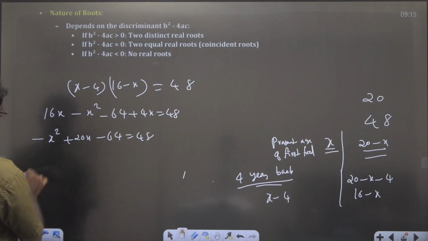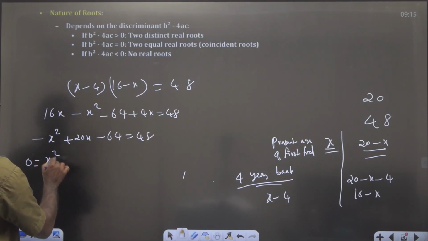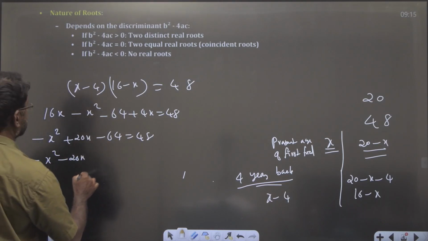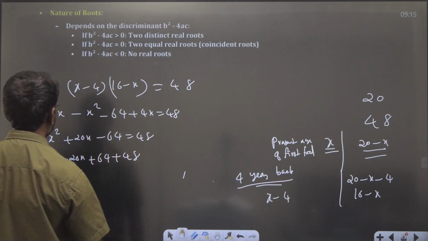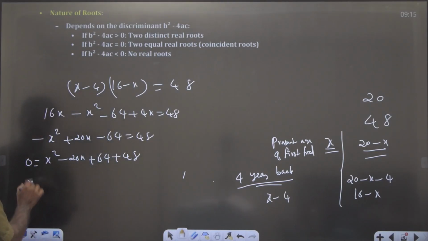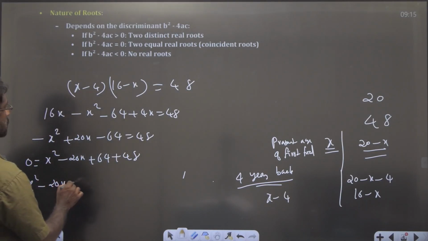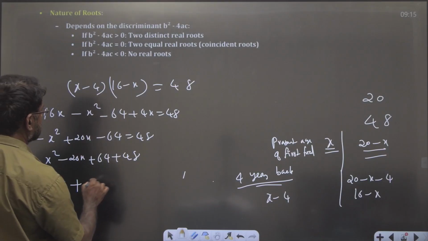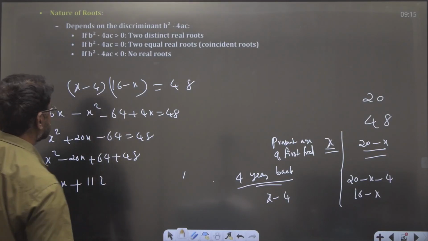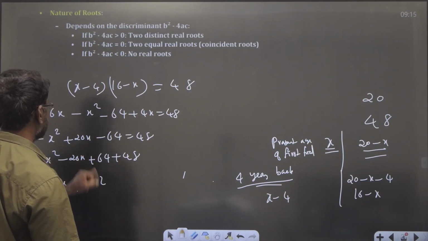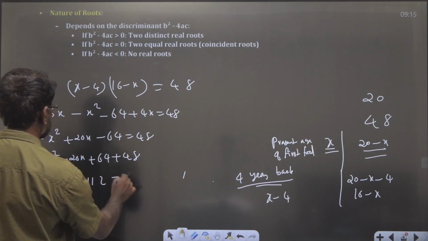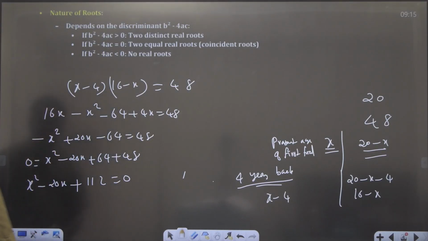Take this to the right hand side: 0 is equal to x square minus 20x plus 64 plus 48. That is x square minus 20x plus 112 equal to 0.